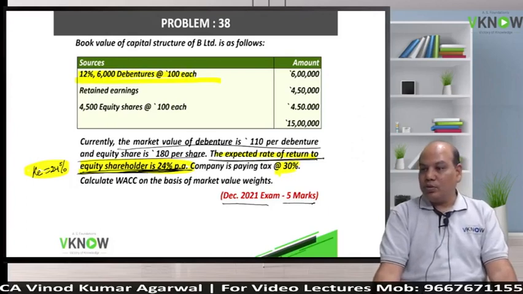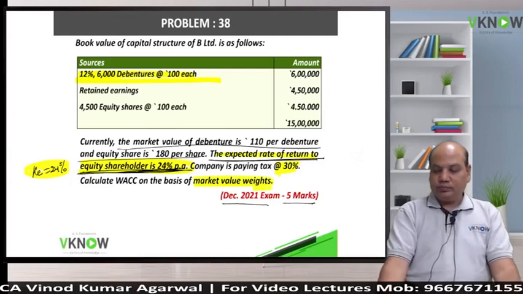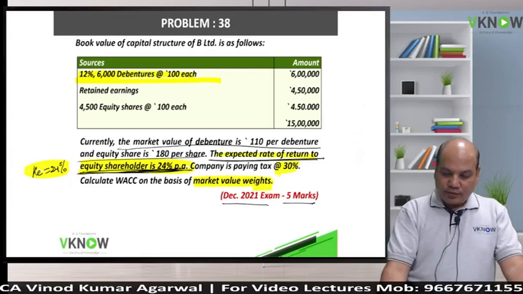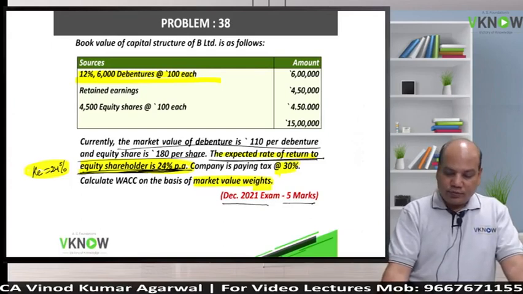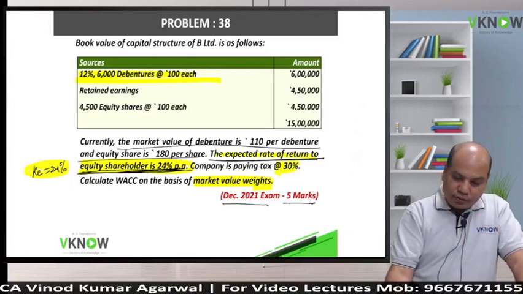Compute WACC using market value weights. Is it right? So how do we solve it? We'll have to find cost of debt first. After computing cost of debt, cost of equity is already given to you: expected rate of return of equity shareholder is 24% per annum.